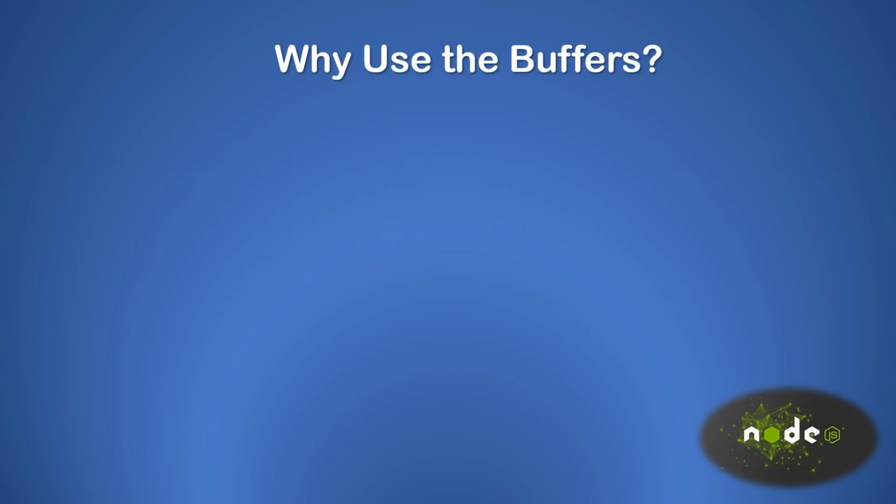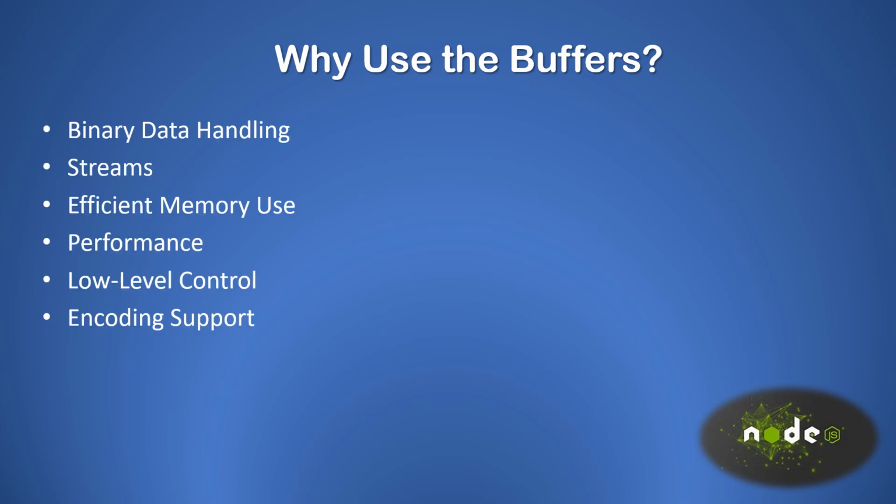So why use buffers? First, binary data handling: buffers allow you to work directly with binary data instead of text, whereas with JavaScript strings we usually handle text. Next is streams: essential for working with data streams like file input, output, and network connections, where the data is processed in chunks. Efficient memory use: buffers provide efficient memory management for large amounts of data.